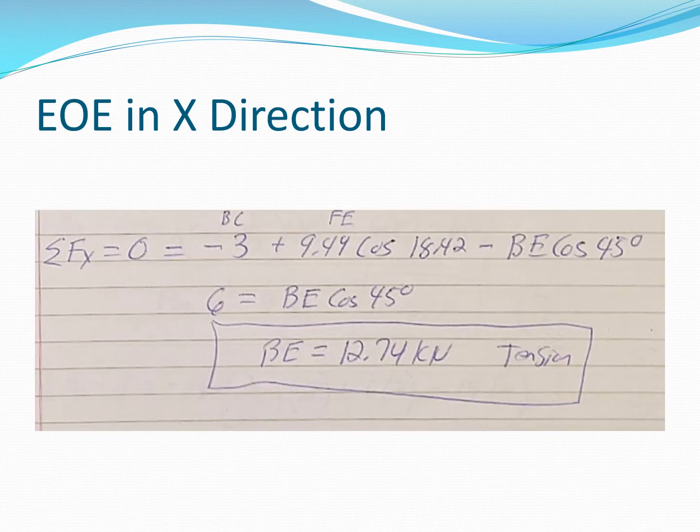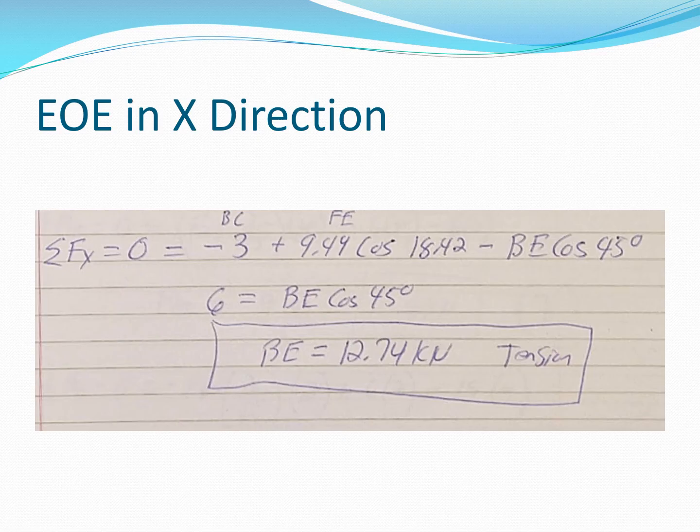Last but not least, I applied my equations of equilibrium in the x direction. The 6 kilonewton and the 3 kilonewton pieces are both in the y direction, so those are gone. So all I have, as you see here in my equation, is BC, an x piece of FE, which I've already solved for both BC and FE, right?